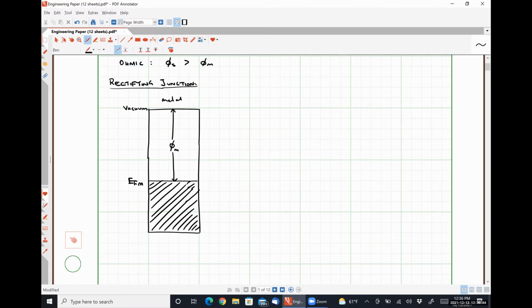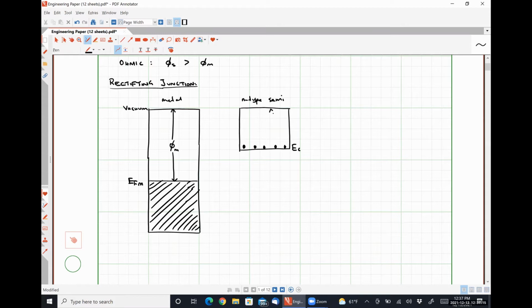For our semiconductor material, I'm just going to do a generic N-type semiconductor. Since it's going to be an N-type material, it should have some electrons in the conduction band, which is what those black dots represent.